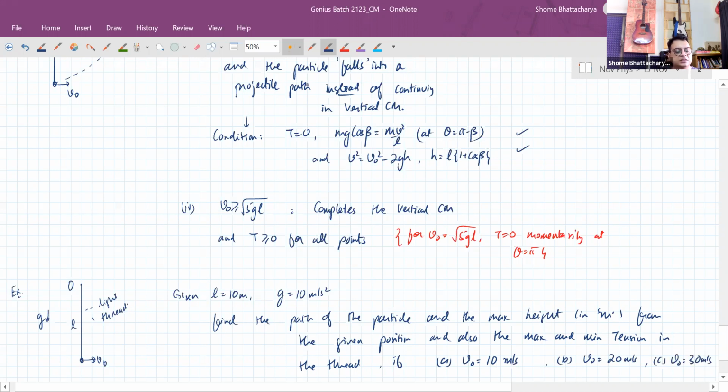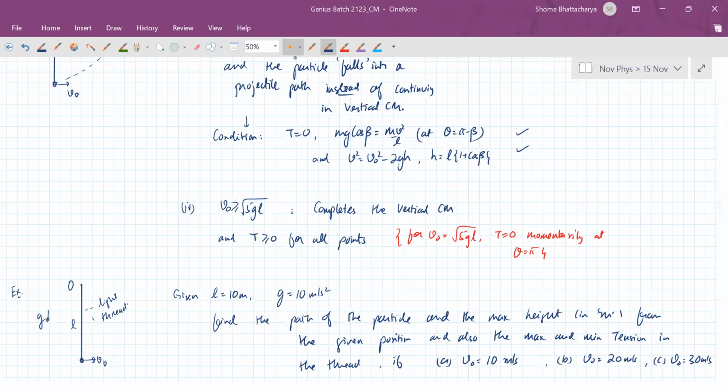So three different cases. You will see that these values are given such that they correspond to different cases in terms of how the circular motion progresses and up to what point it's a circular motion. So what you have to understand is how these numerical values of V naught correspond to the above theoretical cases that we've developed, that root 2 GL condition, that root 5 GL condition, and from that you'll understand at which of the points what is happening exactly.